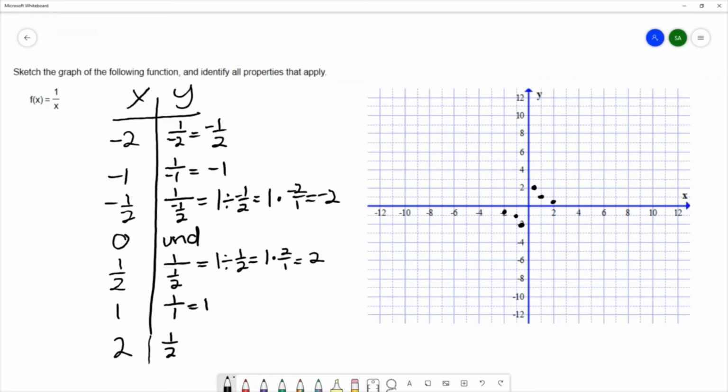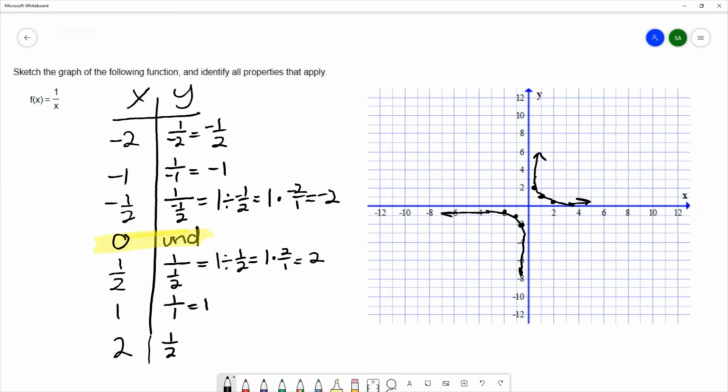I'm going to connect this with keeping in mind that 0 is an undefined value, and that means I'm going to have a break in my line at that place. So I connect these 3 points together, connect these 3 points together, demonstrating a break at x equals 0.